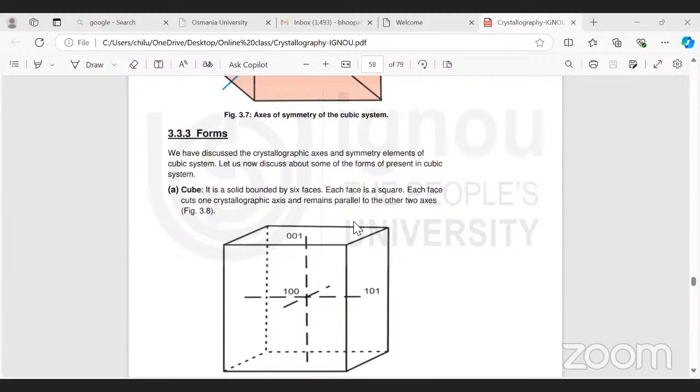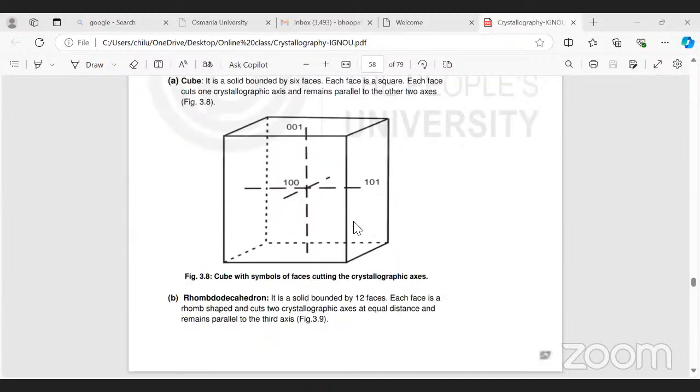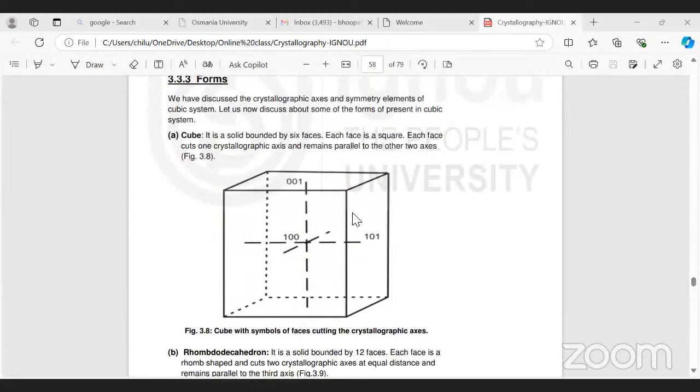Now coming to the forms. Here you see the forms. The first one is the cube structure, a solid bounded by six faces. Yes, we know that it has six faces. One, two, three, and the other sides also three.